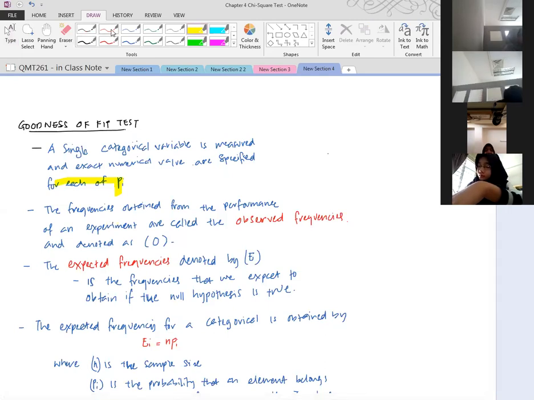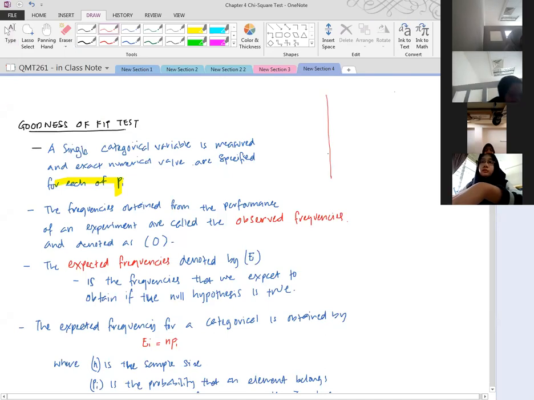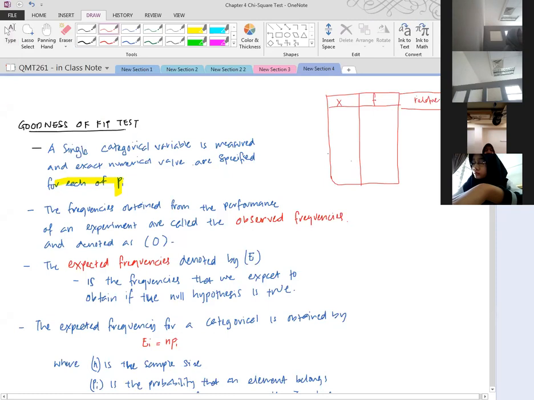If you still remember, in the goodness of fit test we are measuring a single categorical variable. Remember the frequency table. Let's say we have X and F, and then we need to calculate another column, the relative frequency. P can be a relative frequency.